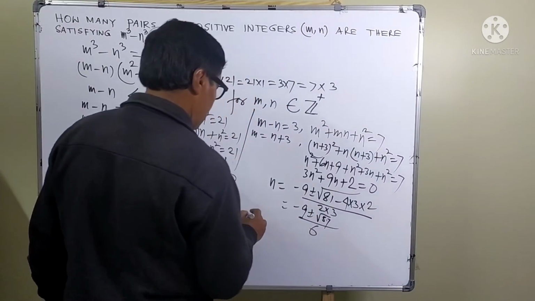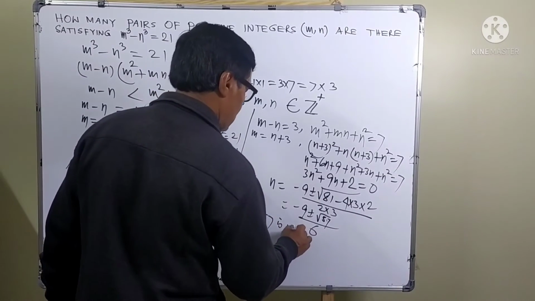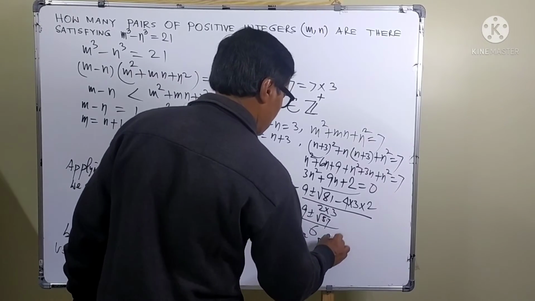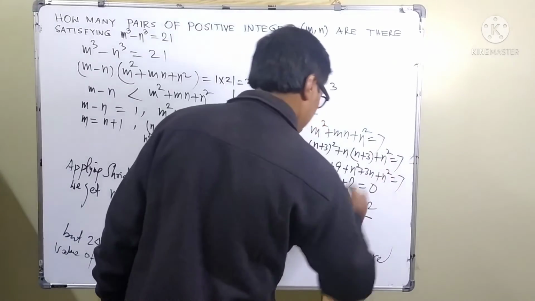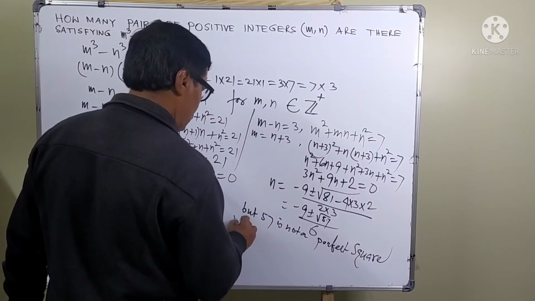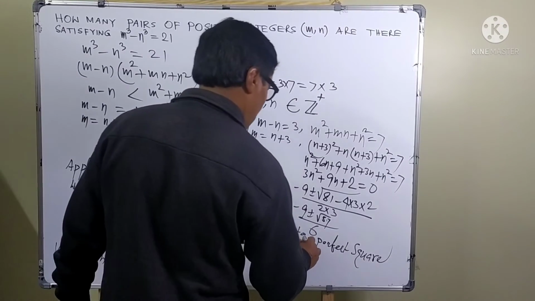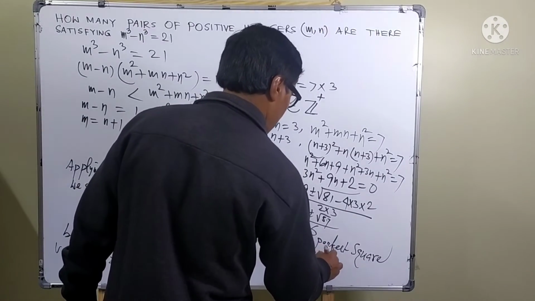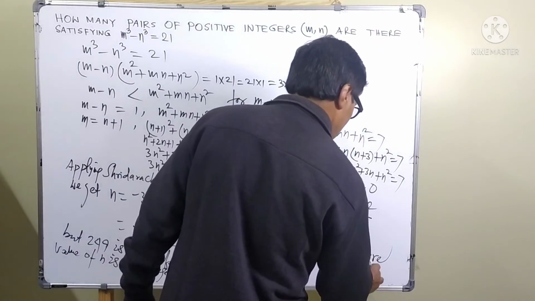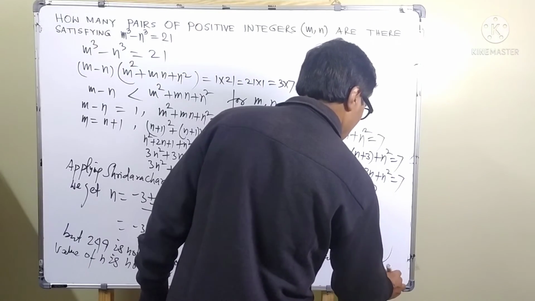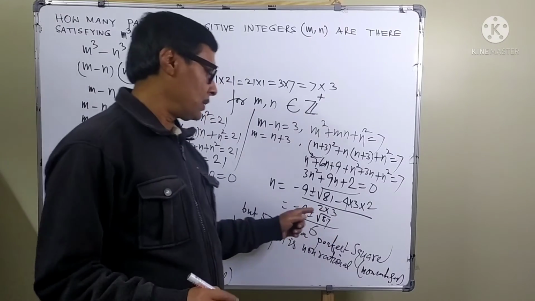So the value of n is non-rational, that is non-integer, because 57 is not a perfect square.